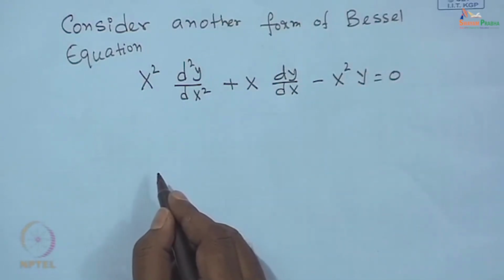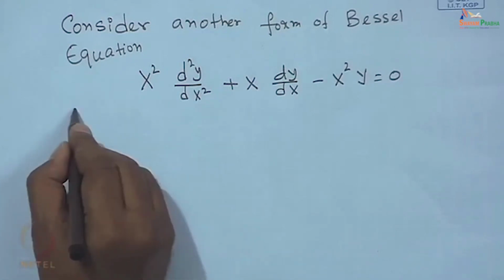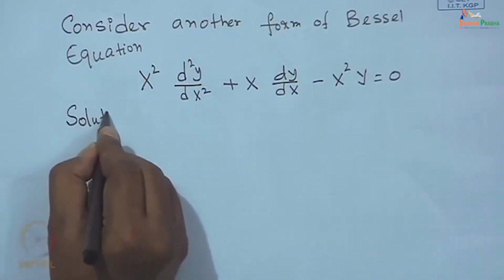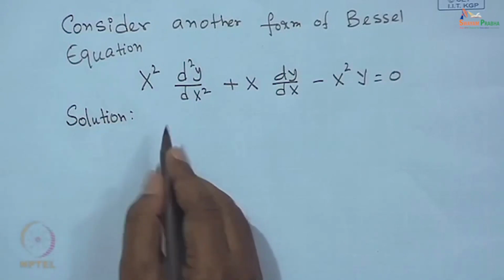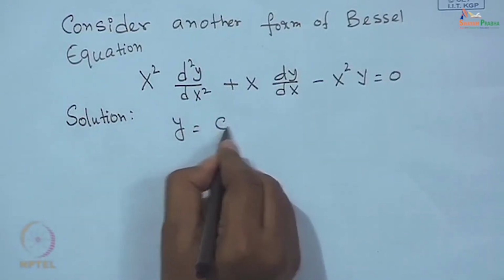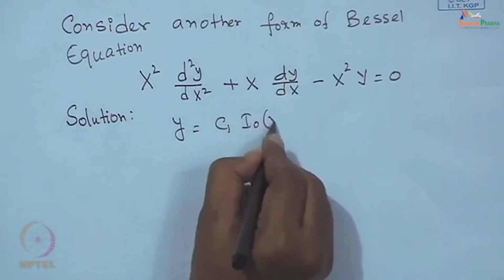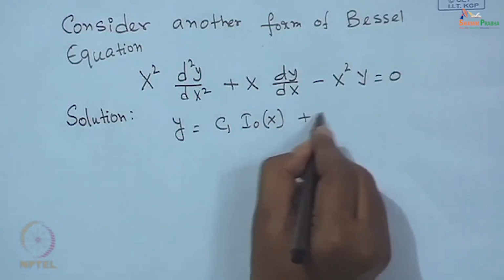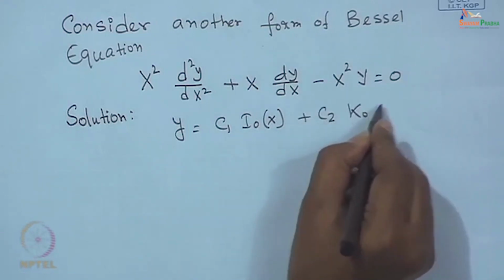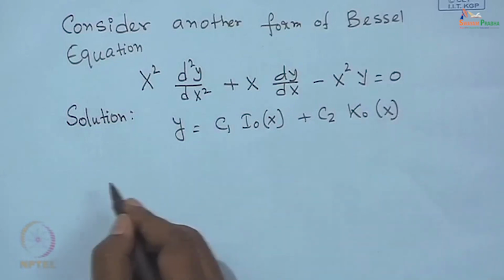So, if this is the form of equation, then the solution is in this form, y is equal to C 1 I 0 x plus C 2 K 0 x.